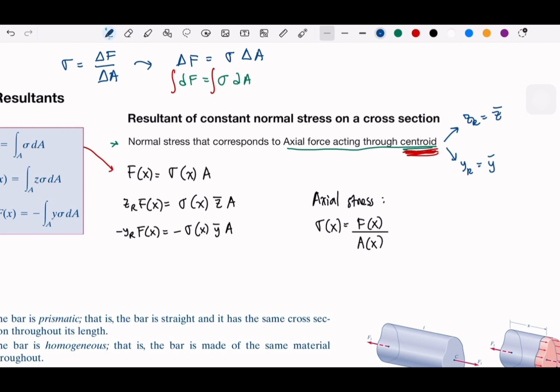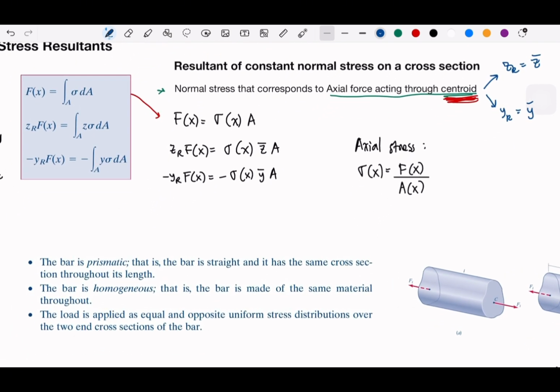Now, to get this simplified or calculated easily, there will be some assumptions. So this is the assumptions that we should have. The first assumption is the bar is prismatic, which means that in all problem cases in our course, the bar will be straight and have the same cross section.